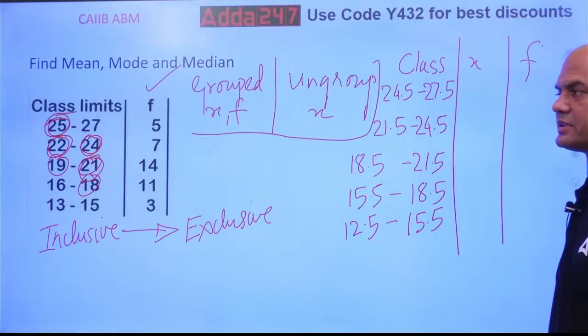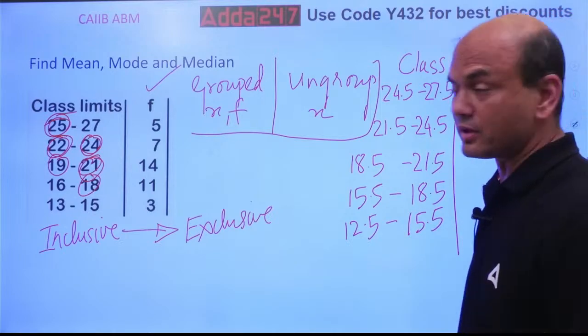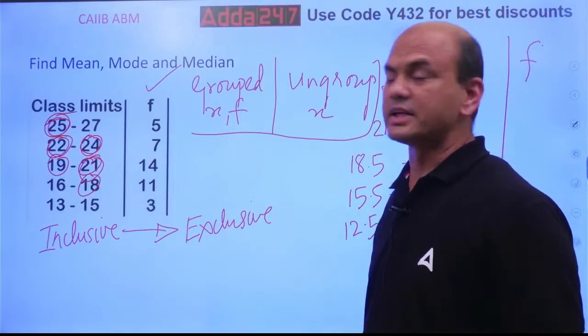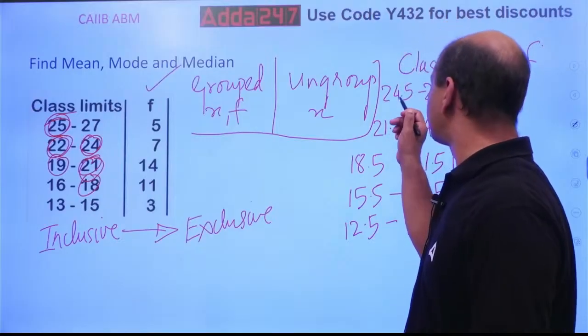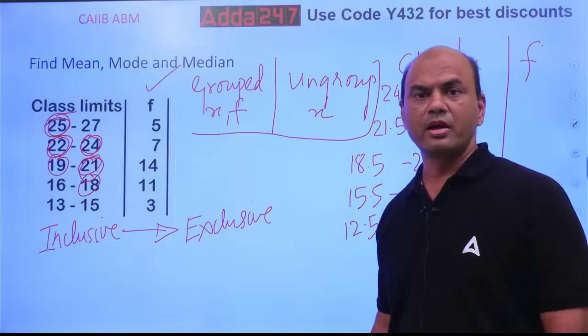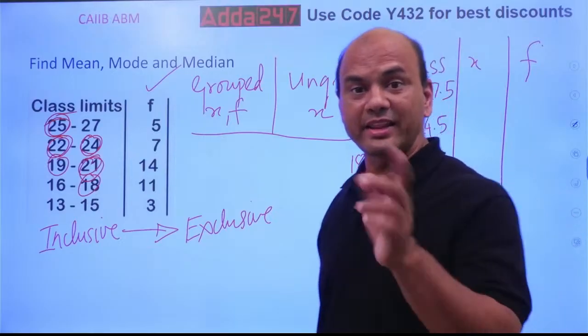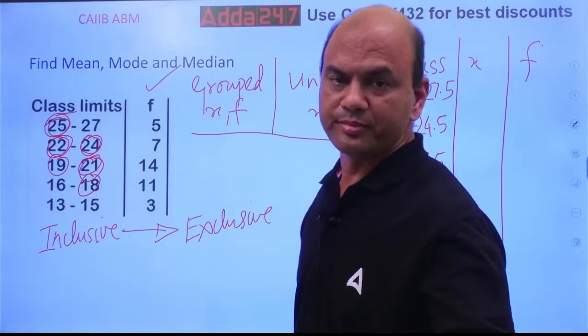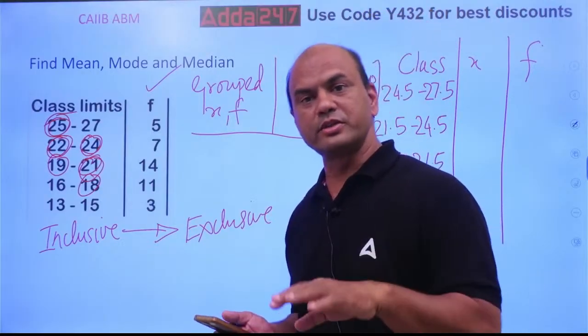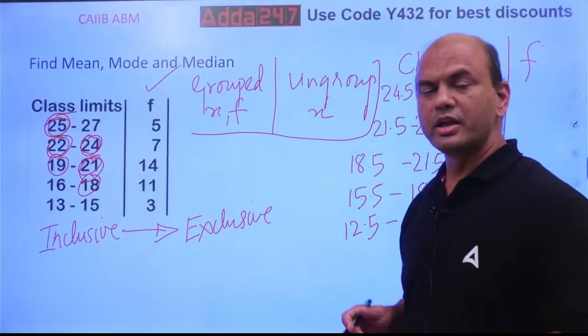Once you get this class, you have to find out the class mark now. Class mark means what? Center. Here 24.5 and 27.5. What is the center of that? How do you find out the class mark? Add these two and divide it by 2. 24.5 plus 27.5, divided by 2.